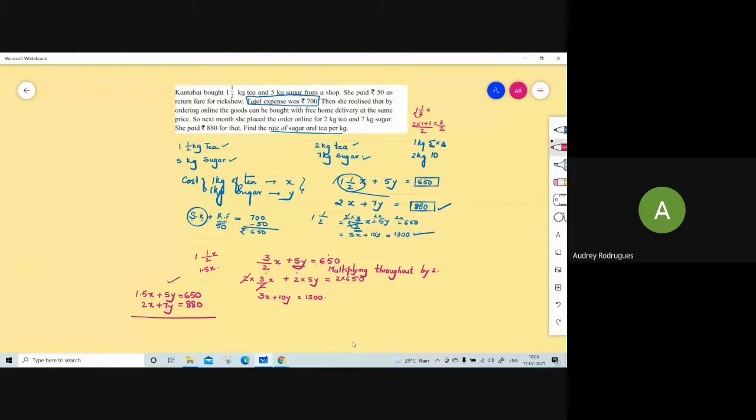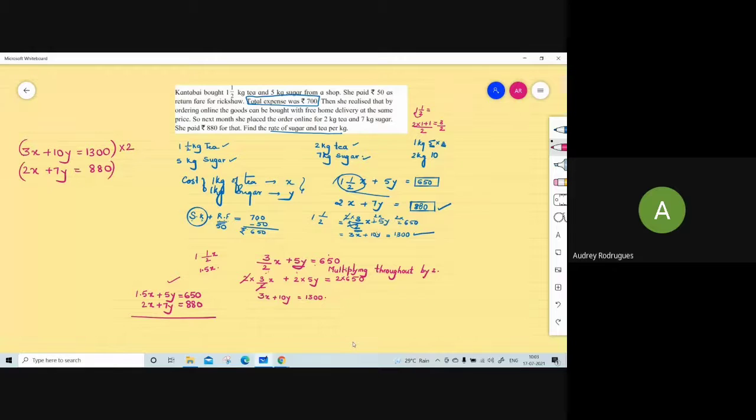The first one we took up as 3x plus 10y is equal to 1300. Then our next equation was 2x plus 7y is equal to 880. This equation we multiply by 2.